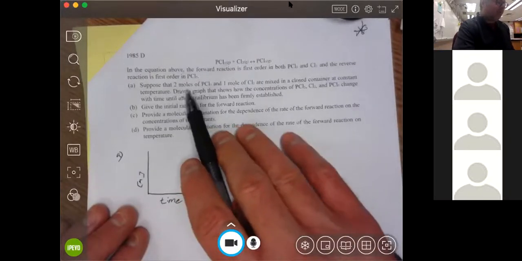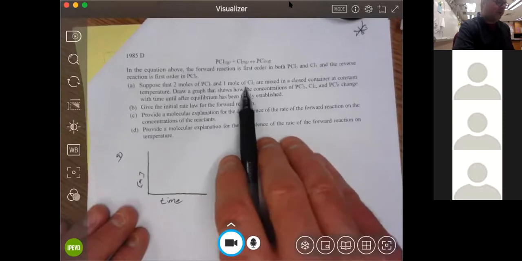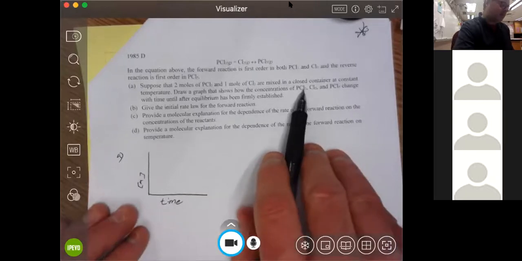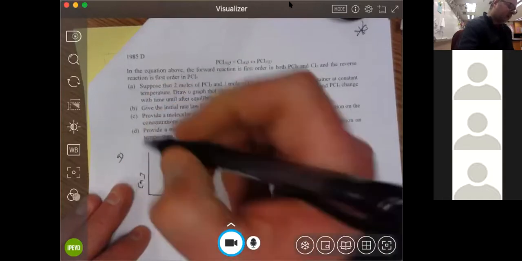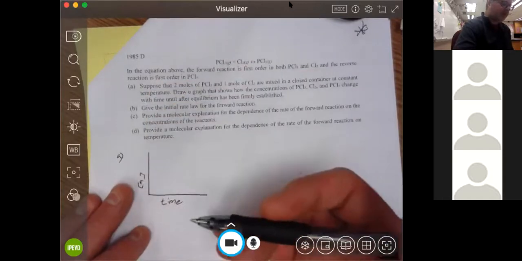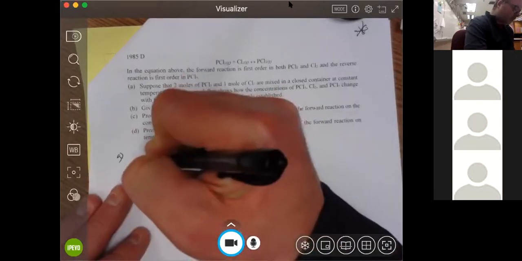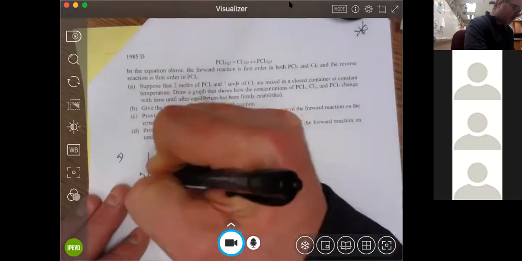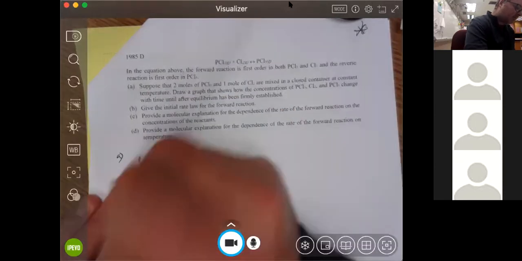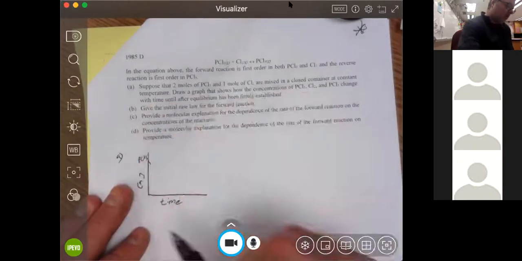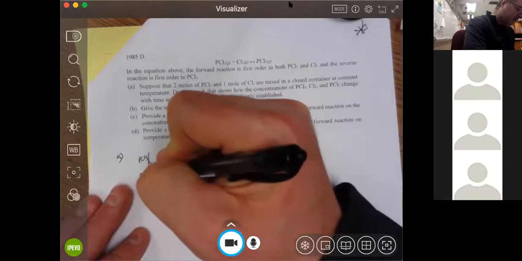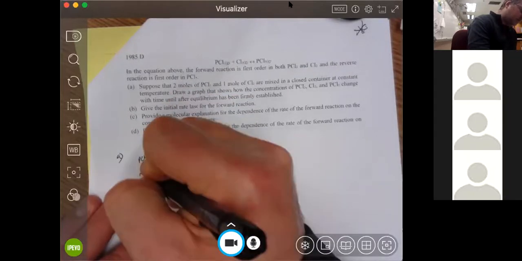So suppose you have 2 moles of PCl3 and 1 mole of Cl2, and they're mixed. Concentration-wise, if we're assuming the volume is constant since the container is closed, we probably want to start with PCl3 at twice as much as the Cl2.